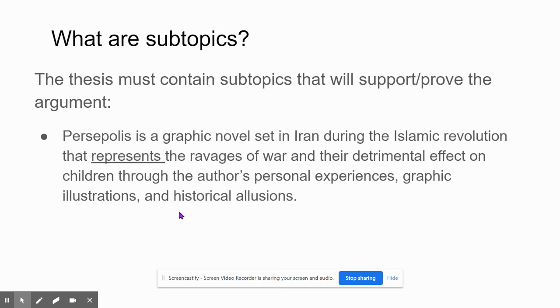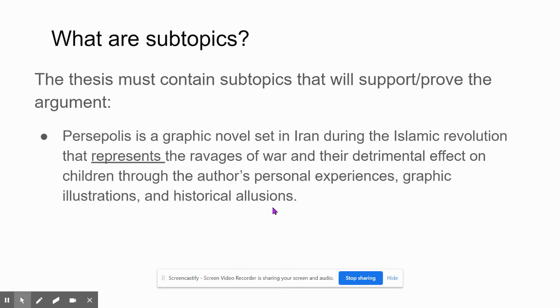As I'm writing this, I know that my subtopic is going to be about Satrapi's personal experiences. I'm going to find evidence from the novel where her personal experiences go back to support this representation of the ravages of war and the detrimental effects on children, as I am with graphic illustrations and historical allusions.